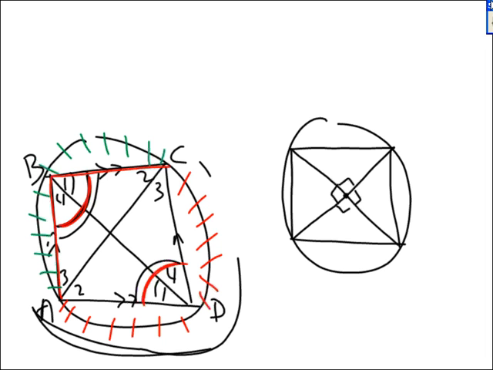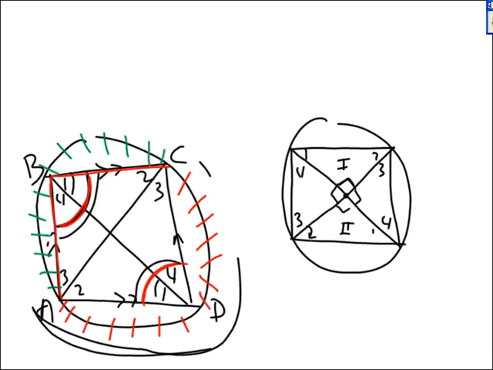Now we know that this angle and this angle are equal, this angle and this angle are equal, this angle and this one and this one. Okay, so now what do we know? Well, if this is a right angle, so triangle 1 and triangle 2 are the same.